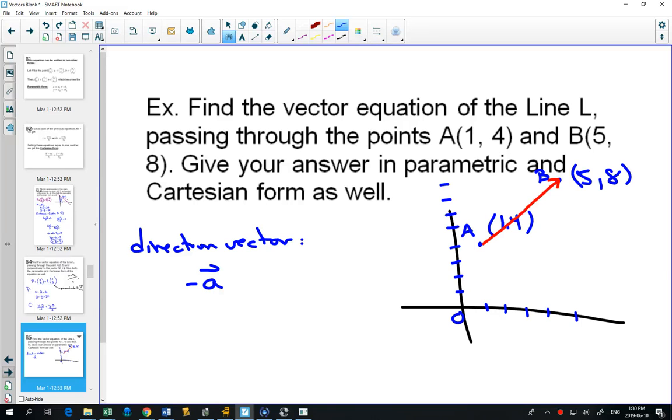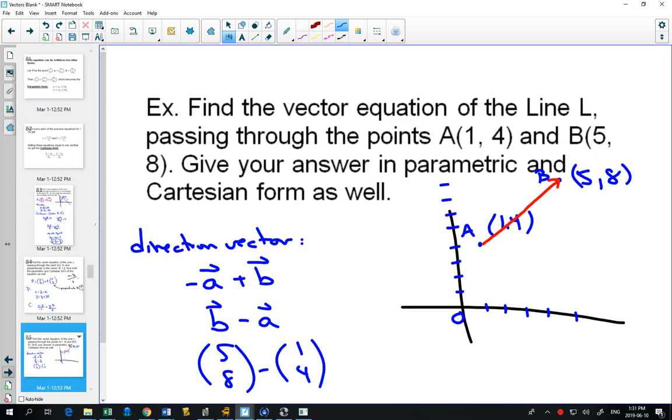That would be negative A. And then I would have to go from my origin to B. This is why the lettering is a little bit bad here, because I wanted to say B equals, and then I have to use A and B again, so that was going to be a little problematic. But negative A plus B, what does that look like? A lot of students just start doing B minus A just because it's easier to put in and subtract, and our direction vector is going to be (4, 4).